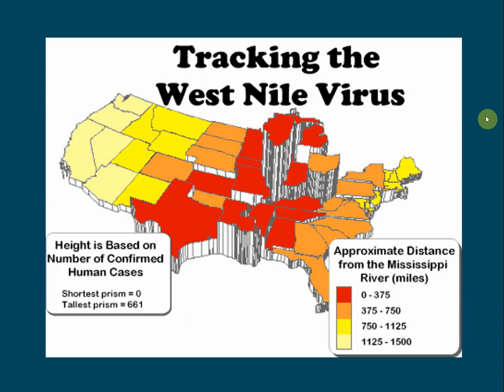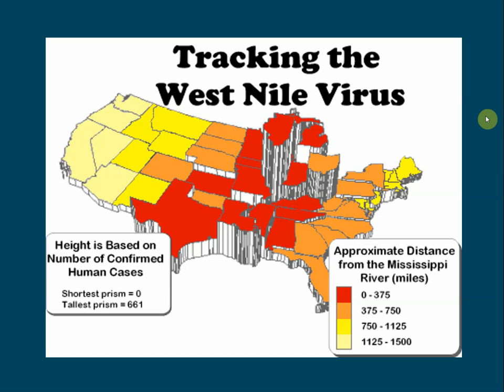All right, so this one here is a Choropleth map that is further represented by adding a 3D view to it. So now we're seeing West Nile virus cases. The red color versus the yellow means that they're going to be... Oh, excuse me, I looked at this completely different.